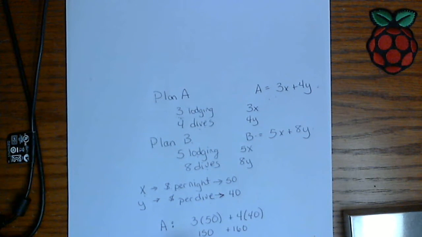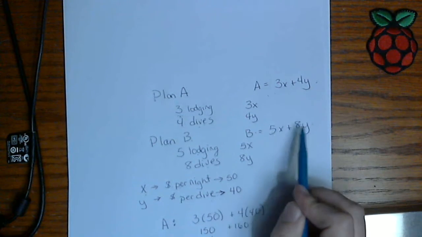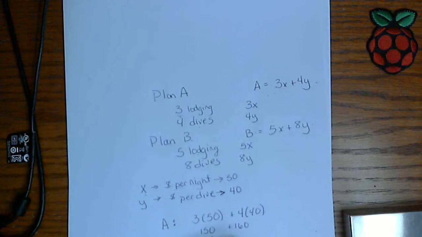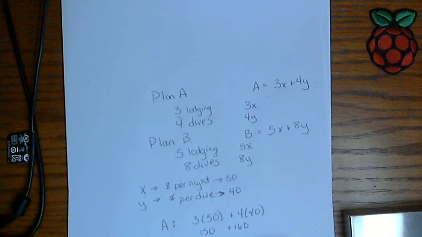For Plan B, you would do the same thing, only this time we're going to stay for 5 nights and have 8 dives. So 5 times 50 plus 8 times 40. 250 plus 320 is going to give you a total of $550 for your bill. All right?